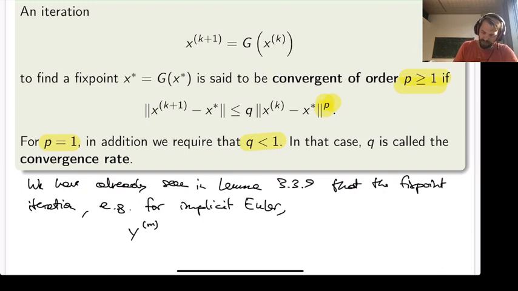Maybe let's call it so y_m equals psi of y_{m-1}, where psi is defined as, well, actually I should call this g because we call it g up there.